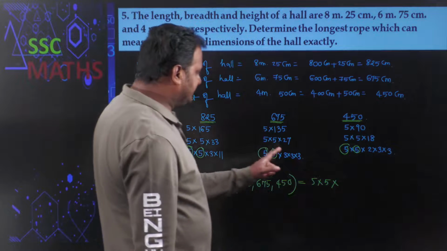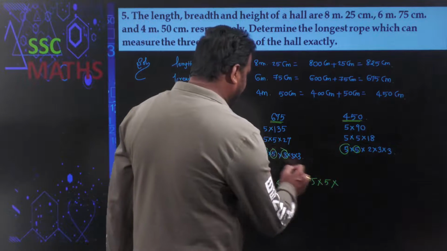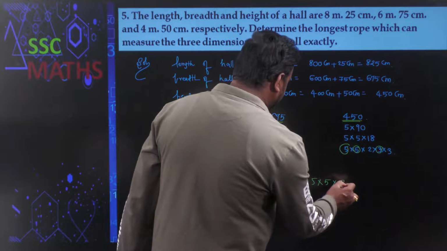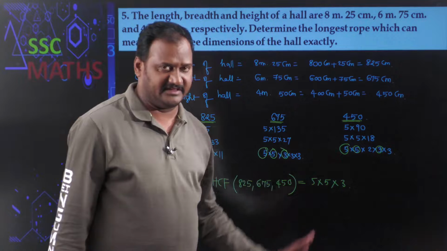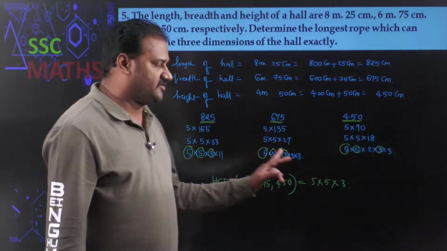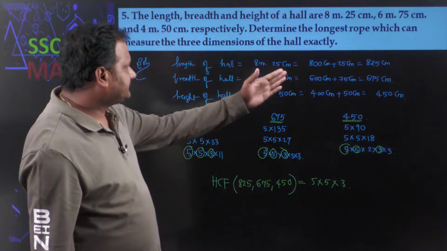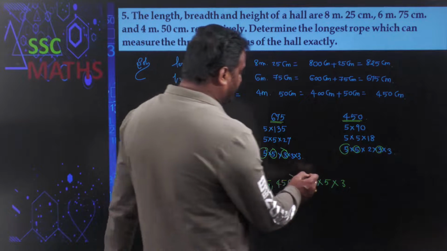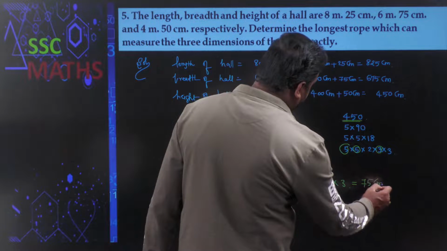Then 3 is in each, and one more 3 is also common. Is there any other common factor? 11 is here but not in the others. So 5 into 5 into 3 is the common factor for all three numbers, that is 25 times 3, which is 75 centimeters.